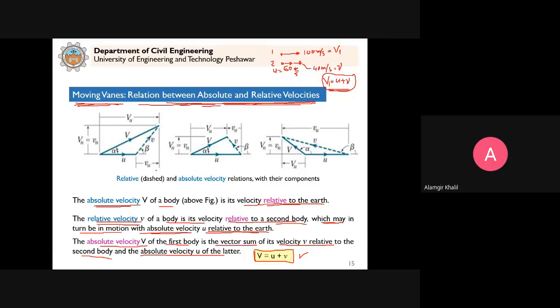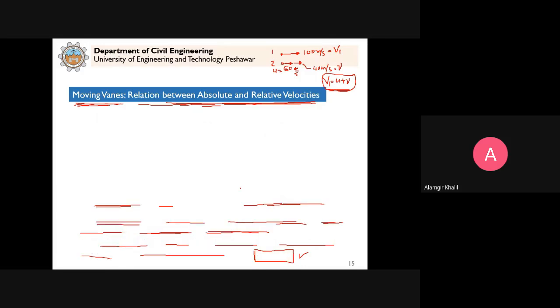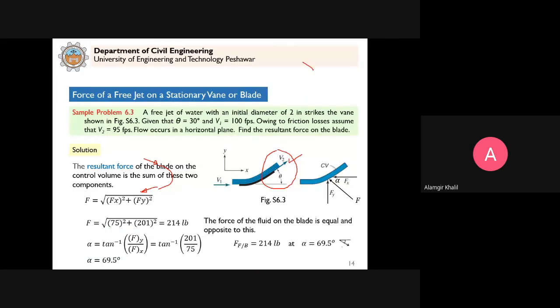Now in this case, if we have any of these triangles, these are the possibilities which can come. As I said, when a fluid enters a plate or blade or vane and it leaves, and the blade is also in motion with respect to u, then the relative velocities will come. So those relative velocities we have to consider.